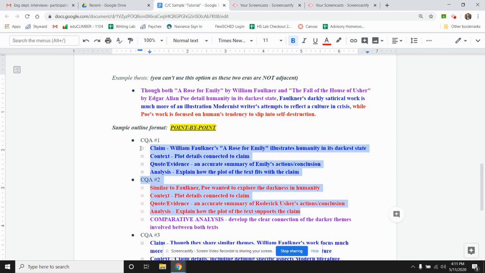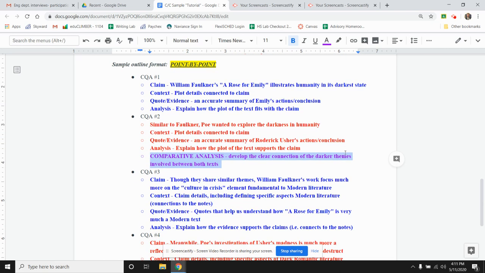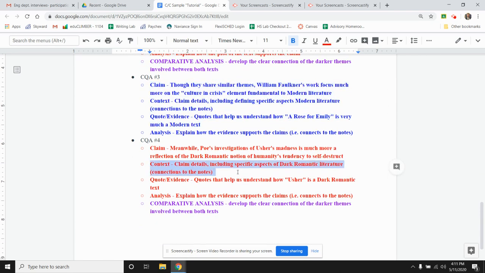Once again, you have text 1, text 2, and after text 2 in point by point, you would have your comparative analysis to develop the clear connection of the darker themes involved between both texts. From there, you would circle back to text number 1 with Faulkner. CQA 4 would jump to Poe, and after Poe, you would have your comparative analysis.